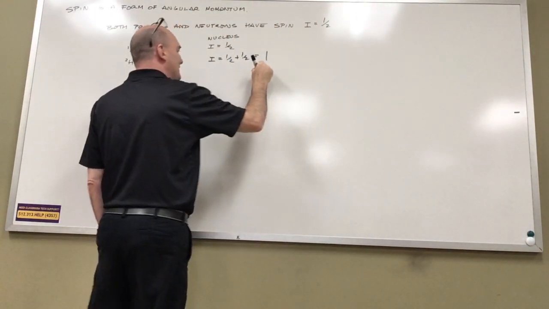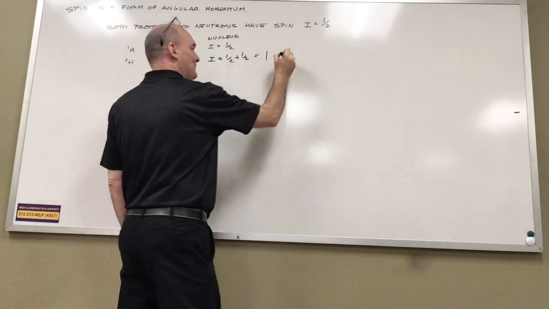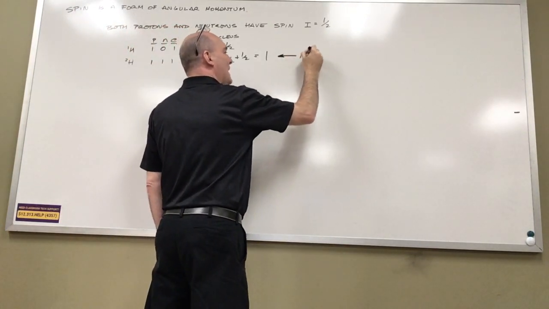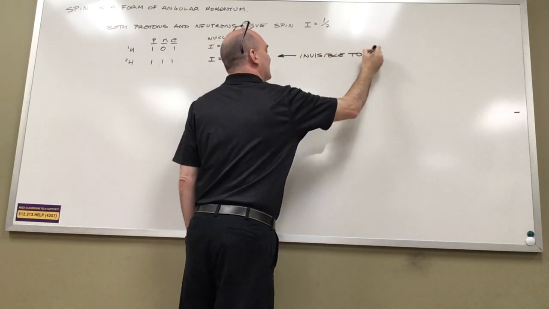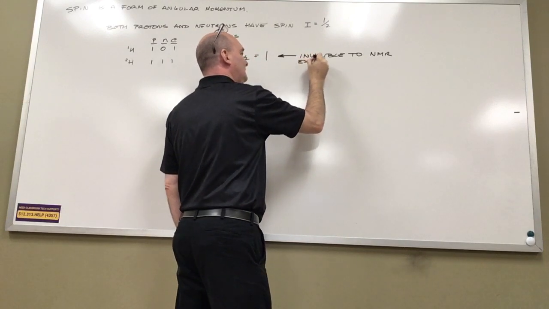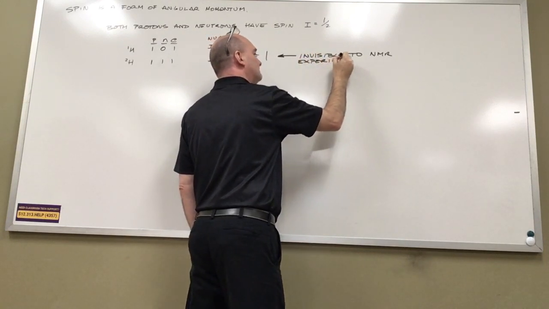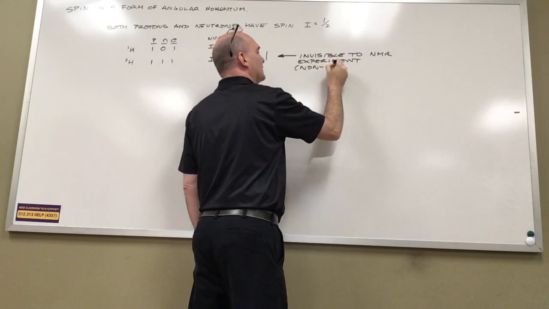And when spins are integer numbers, that makes them invisible to the NMR experiment. We're going to say that they are non-receptive.